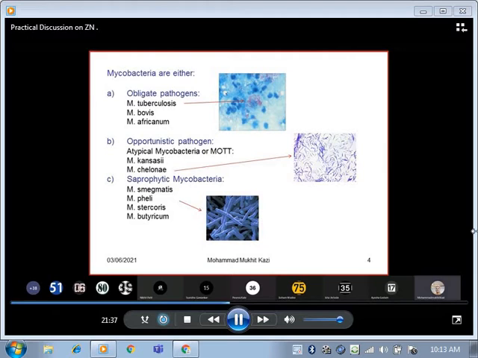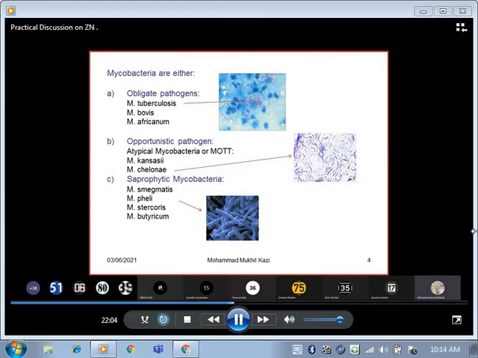But to avoid other organisms, we have to have the decontamination process for the sputum sample. And what is the decontamination method? Decontamination is nothing but we do not want unnecessary microorganisms to be stained or cultured onto the Lowenstein-Jensen medium, which is one of the important culture media we use for cultivation of Mycobacteria.